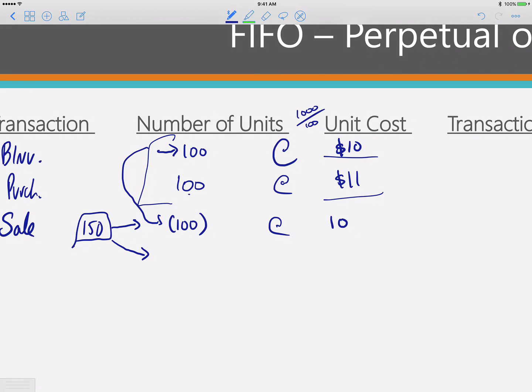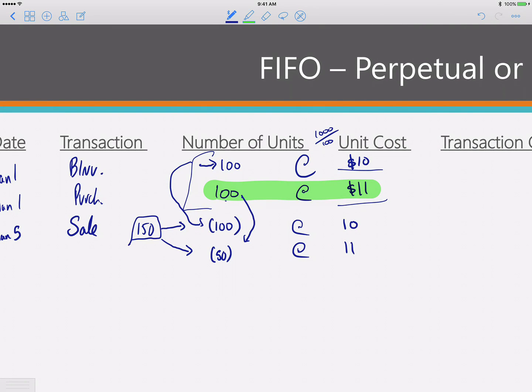So we go to the next units that we purchased. We saw here that we have 100 units that we bought at 11. Now we're not going to sell all of them, but we are going to take 50 of those units and sell those. So 50 units at 11. Just quickly before we figure the transaction cost, we're going to do a subtotal and figure out what we have left in our inventory. We got rid of this completely, and of the 100, we sold through half of it.